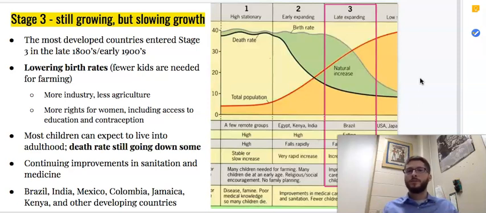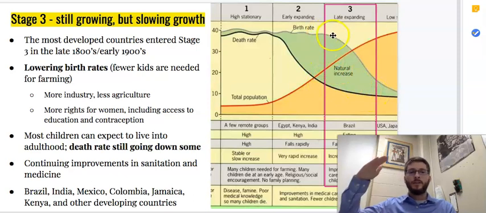We can have 2 children, we can have 3 children, and so you start to see the death rate is still going down because there are additional changes and improvements in medicine. So sanitation and medicine improve, meaning the death rate is still going down, not at the same rate it was here, but you can see the death rate is decreasing just a little bit.